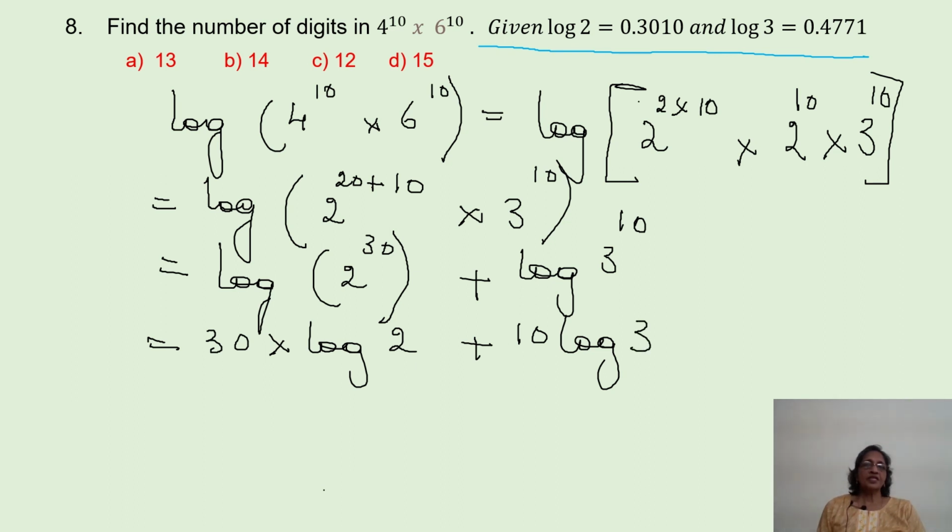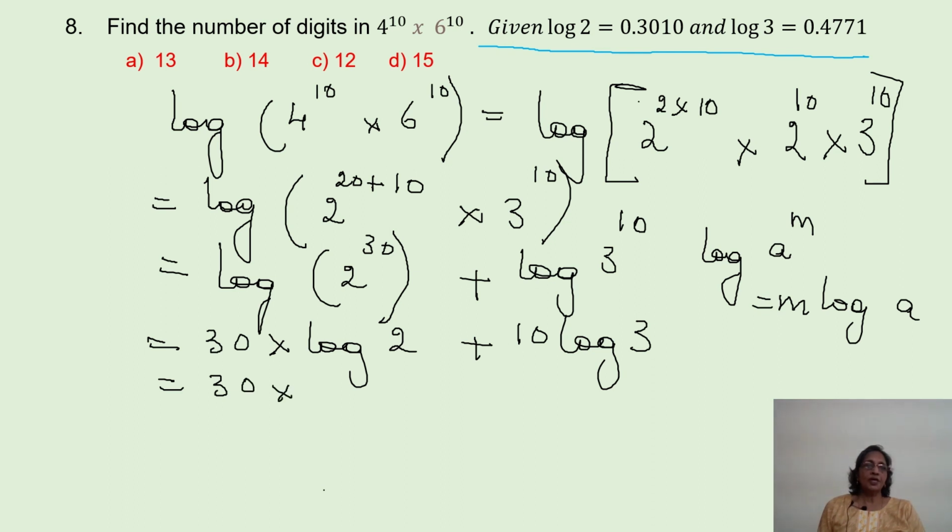Now these are the properties that we have already done. We have used the product property and the other property that we are using is log of a raised to m is nothing but m log a. Put the values of log 2 and log 3.